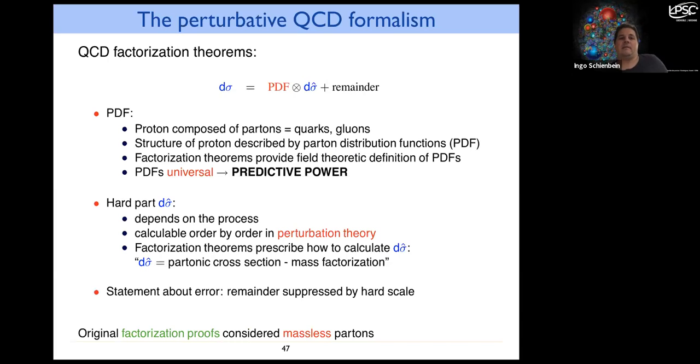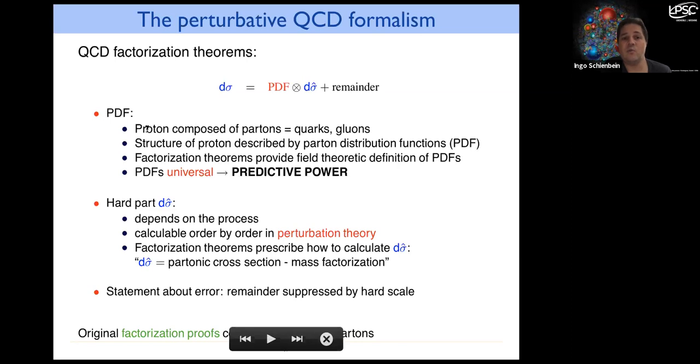All this is comprised in QCD factorization theorems, which have been rigorously derived from first principles in QCD. So schematically, the cross-section can be calculated as a convolution of parton distribution functions with so-called short distance cross-sections or hard scattering cross-sections, plus an error which is suppressed by some power of the hard scale.